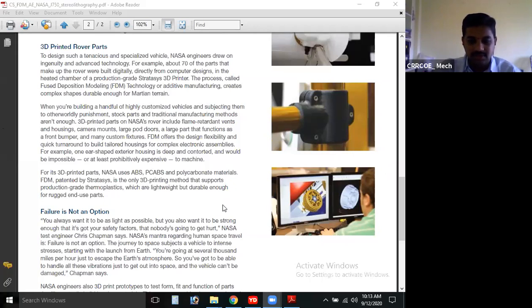Customized wheels are required for that atmosphere, for those conditions, for that environment, whatever they may be facing. There they have implemented these particular technologies and highly customized vehicles.